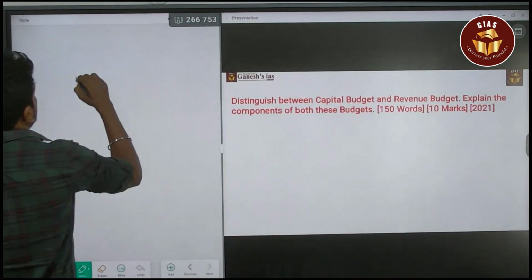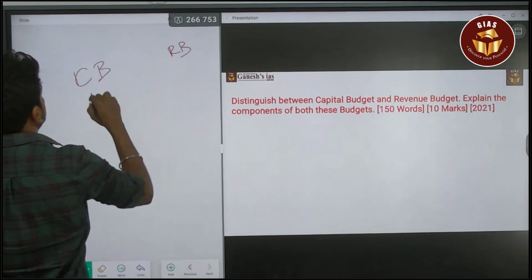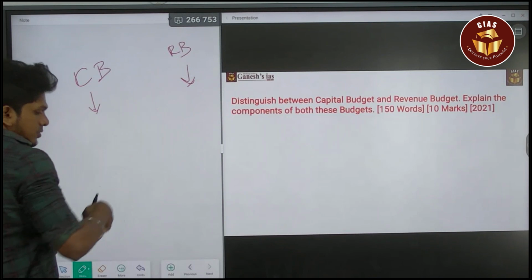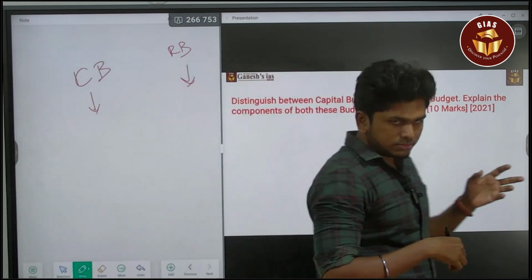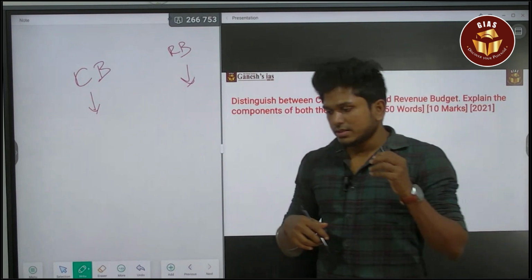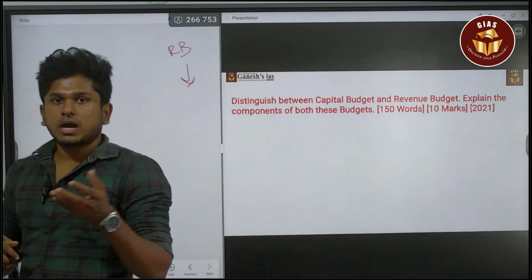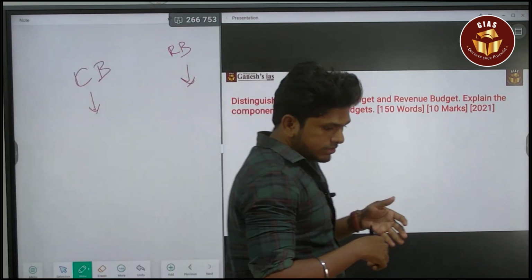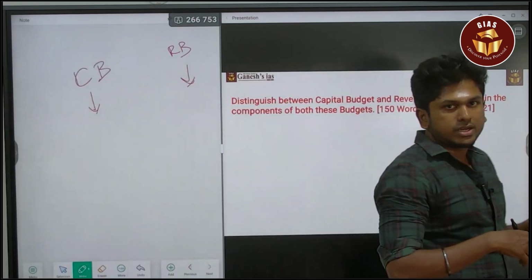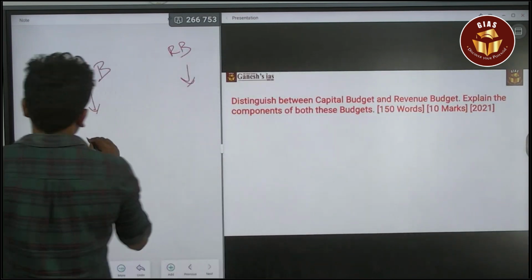Distinguish the capital budget and the revenue budget. The capital budget is purely focused on asset creation, or else it is related to liabilities. Either it will be asset creation or asset reduction, or the creation of liabilities or a reduction of liabilities.